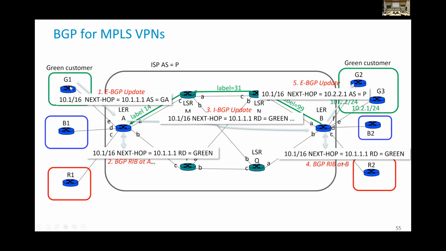So using this mechanism, the IP structure of the private network will be entirely deployed through the different sites and in a completely automatic way. This is why it is called MPLS VPNs. So it's VPNs that use MPLS for their automation.